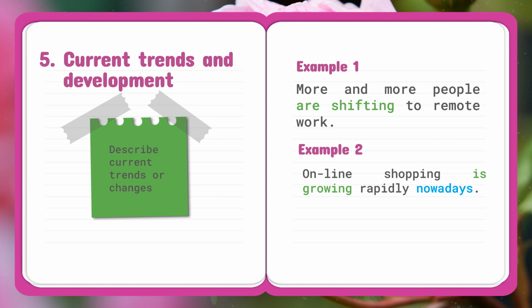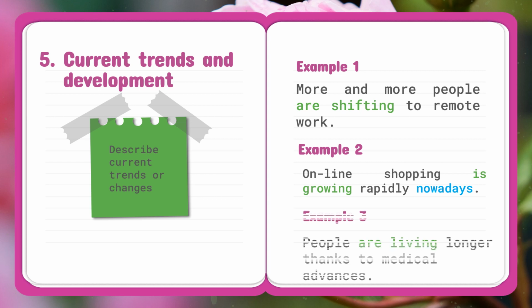The same question: is this something new? It's new. So it is growing. This is a new trend. And the last example. People are living longer thanks to medical advances. This means that in the past, people didn't used to live long. Is it clear? So this is a new trend. Okay, cool.